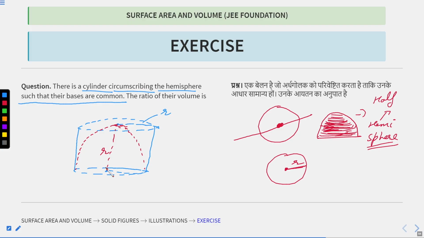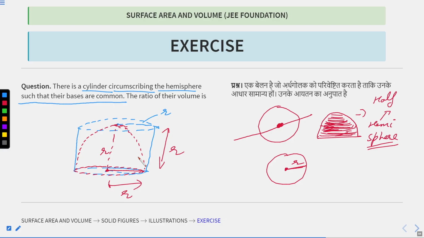And we know that the base is common to the cylinder and the hemisphere, that means this is also r. So the hemisphere has radius r, the cylinder height is also r, and the cylinder radius is also r, all things remain equal to each other. I hope all the things are clear to you.